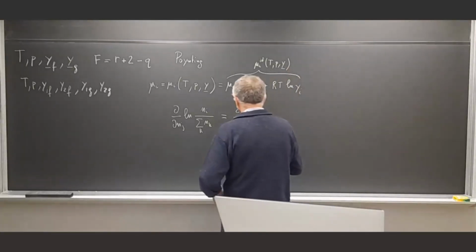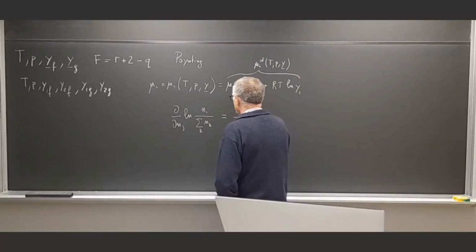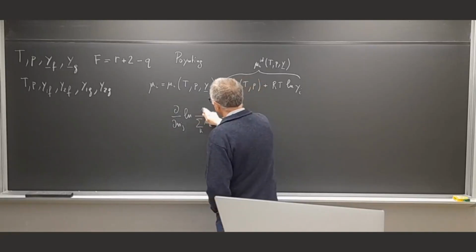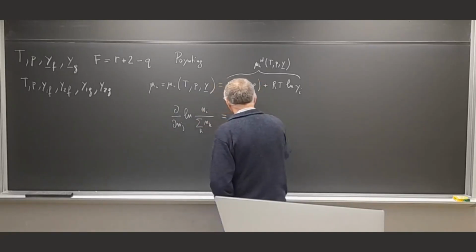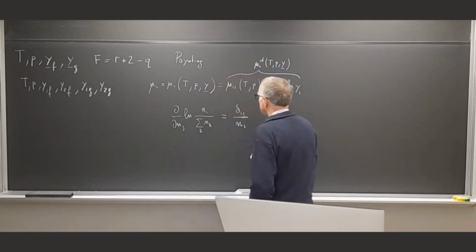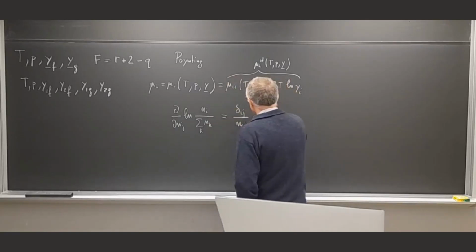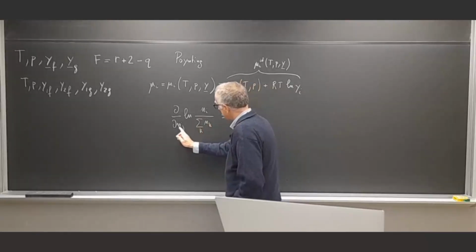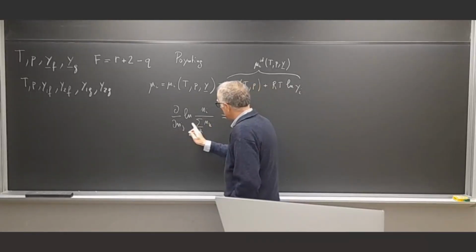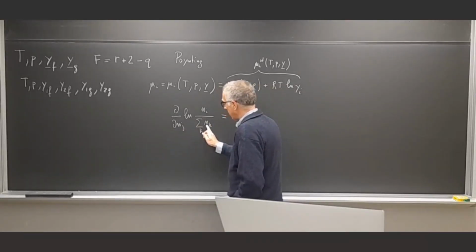Sorry, not correct. It's n sub i, because it's the logarithm. The derivative of the logarithm is 1 over the argument. And then sometimes the derivative picks up something from the denominator.